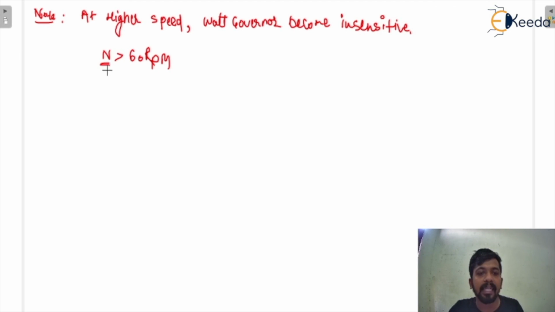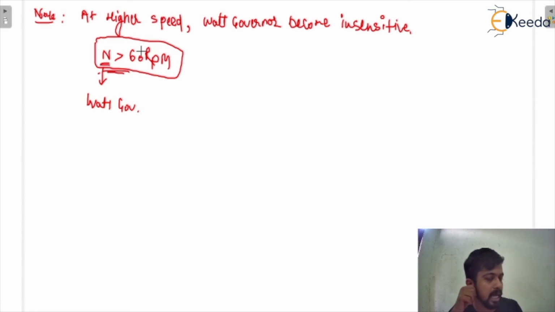At n greater than 60 rpm, the watt governor becomes insensitive. Generally in the questions, they ask you to find out the velocity, that means the speed of the governor beyond which the watt governor becomes insensitive, that is 60 rpm. Basically if you want to know the range, it would be 60 to 80, but the exact value is 60.